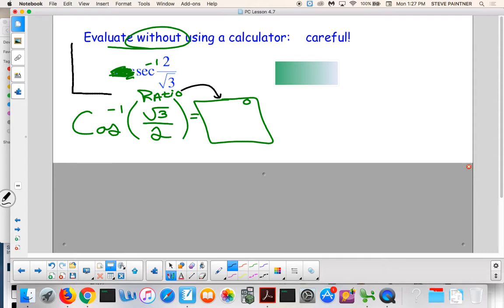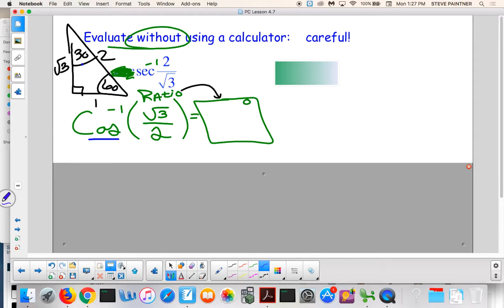What did you guys pick? 30 degrees. You want 30? Okay, let me check it out. Here's 30, here's 60, here's 90. So this is a 1, this is a square root of 3, this is a 2. I heard you guys say what? 30. Oh, let's check it out.